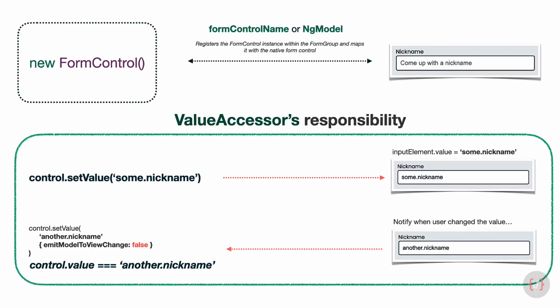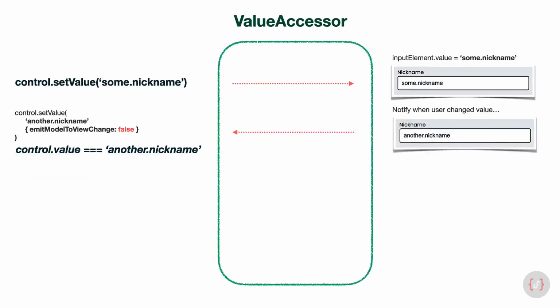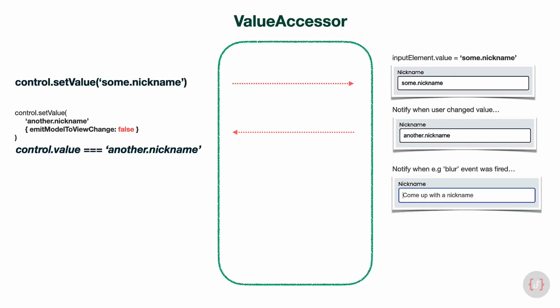Now let's learn which exactly states the value accessor synchronizes. Currently we have seen 2 of them. The value change from model to view, and the opposite one from view to model. Then we remember that usually when we move the focus from some input, we trigger a blur event, and in Angular forms, such a control is considered to be touched.